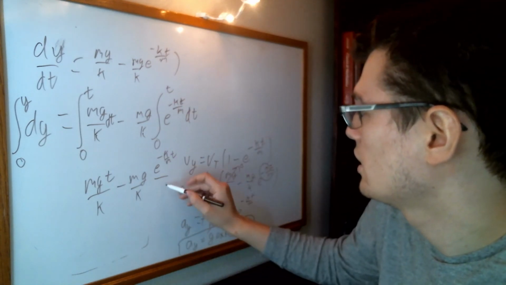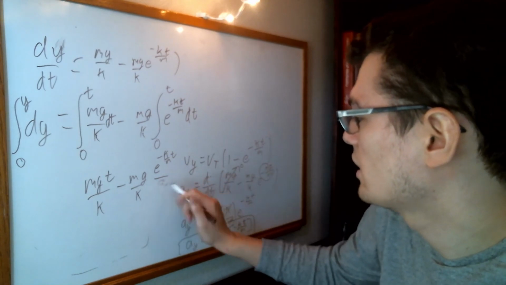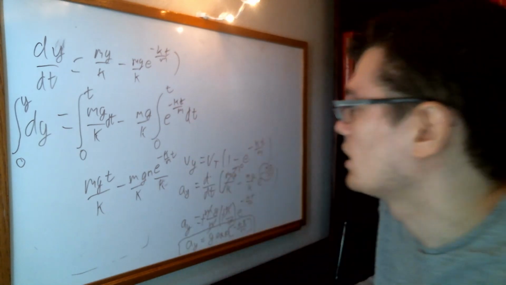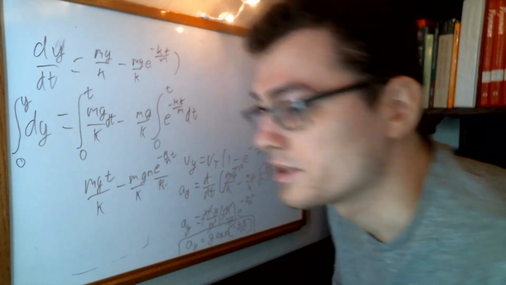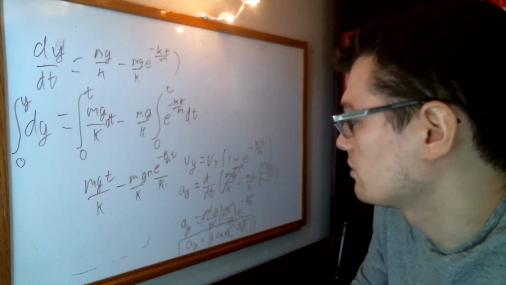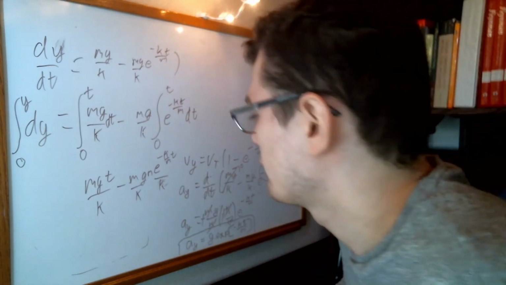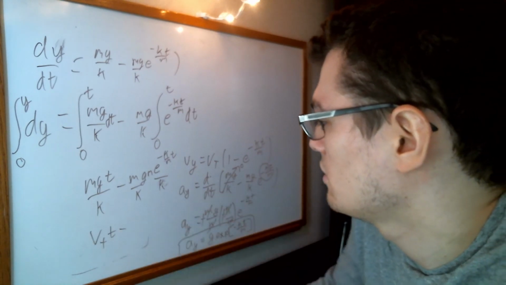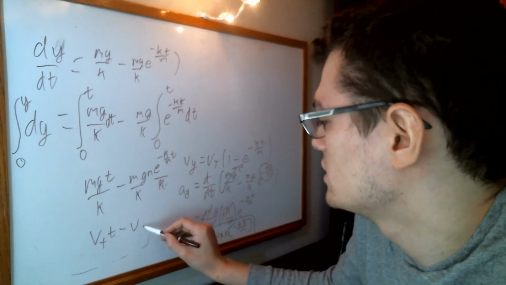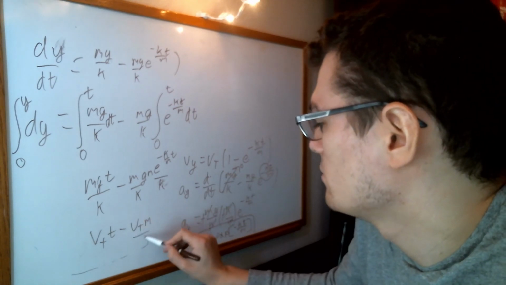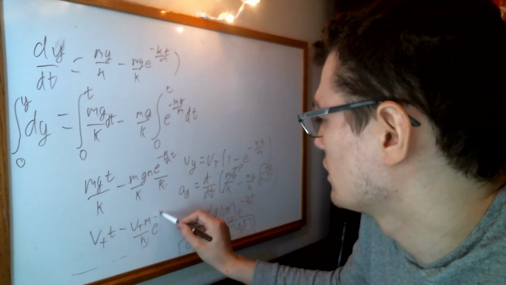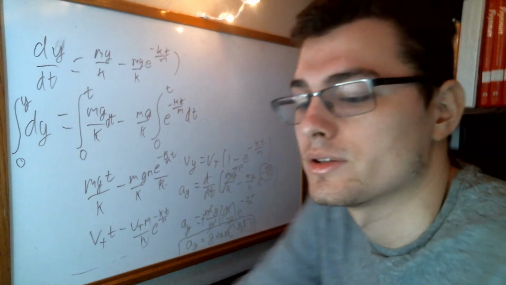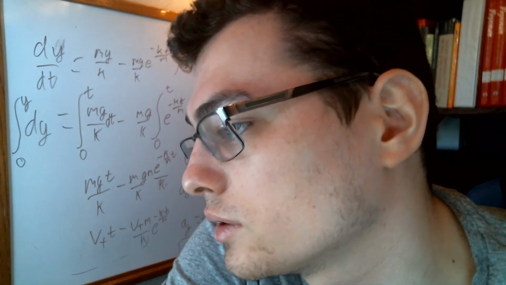So then we get a k down here and an m here. So we just had to flip the constants here. And since it's an integral, you have to divide by it. So we have Vt t minus Vt m/k e^(-kt/m). And so this should be correct.